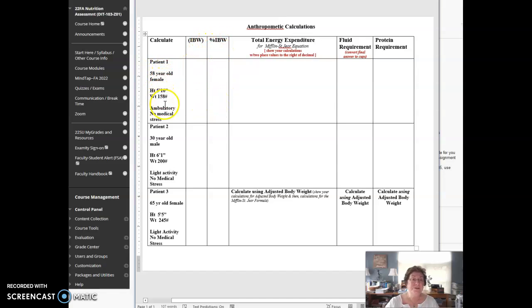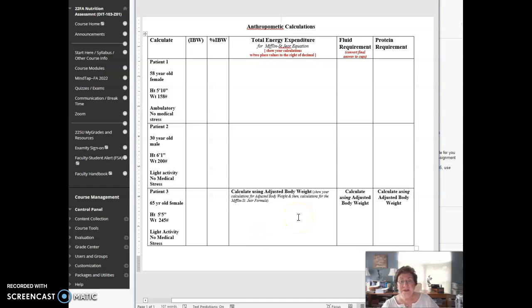All of the information you need is right here in the left-hand column. And then for patient 1 and 2, you're going to use the Mifflin-St. Jeor equation to calculate their total energy expenditure. Remember, that's BEE times a physical activity factor. And then you're going to calculate their fluid requirements, also converting the final answer into that common form of cup measurement, and including their protein measurements.